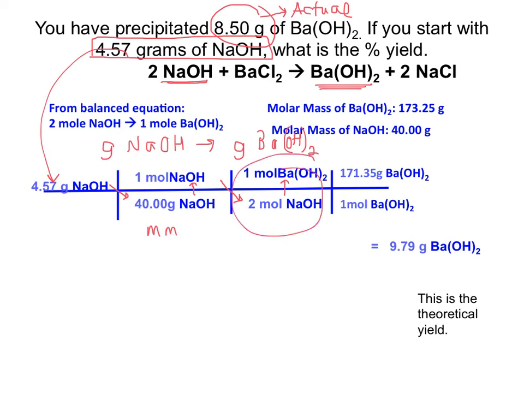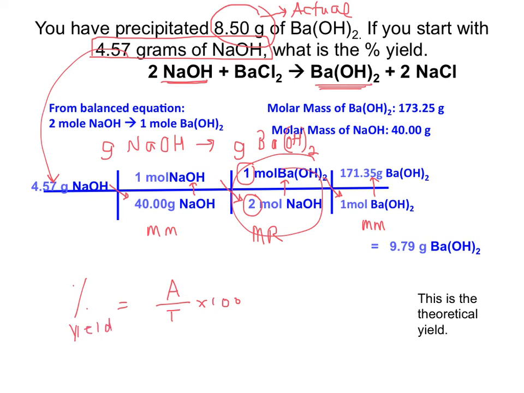That is my mole ratio, and I take these numbers from the balanced chemical equation, and then you can see once again I'm converting from moles of barium hydroxide back to grams, once again using molar mass. I need to be in grams because I have to use the ratio actual over theoretical times 100 to get the percent yield.